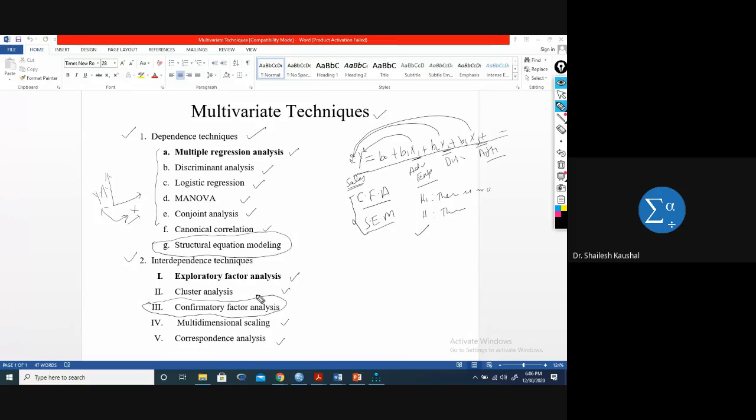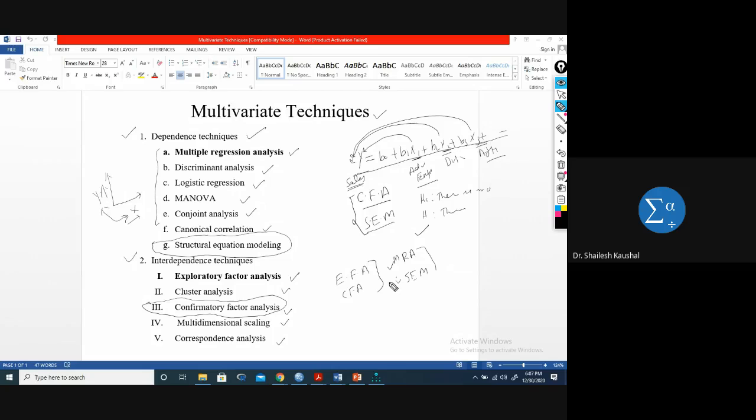Now the structural equation modeling and confirmatory factor analysis. Confirmatory factor analysis is equivalent to exploratory factor analysis, and structural equation modeling is just like multiple regression analysis.